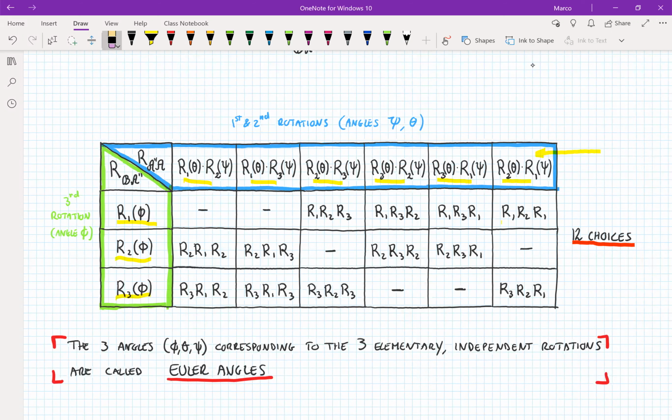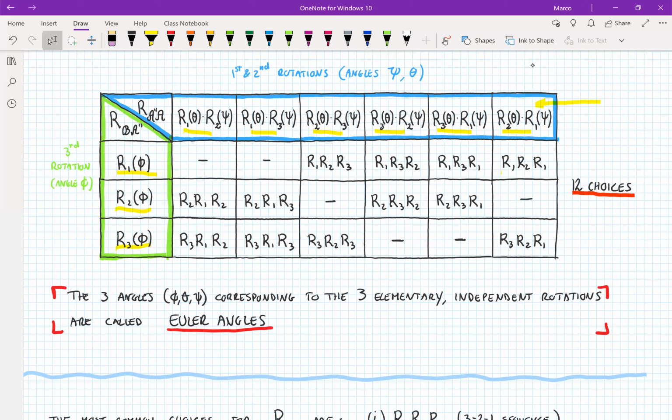All right. So now I just want to point out that the 3 angles, at least notation-wise, usually they're called phi, theta, and psi. So the 3 elementary independent rotations are known as Euler angles.